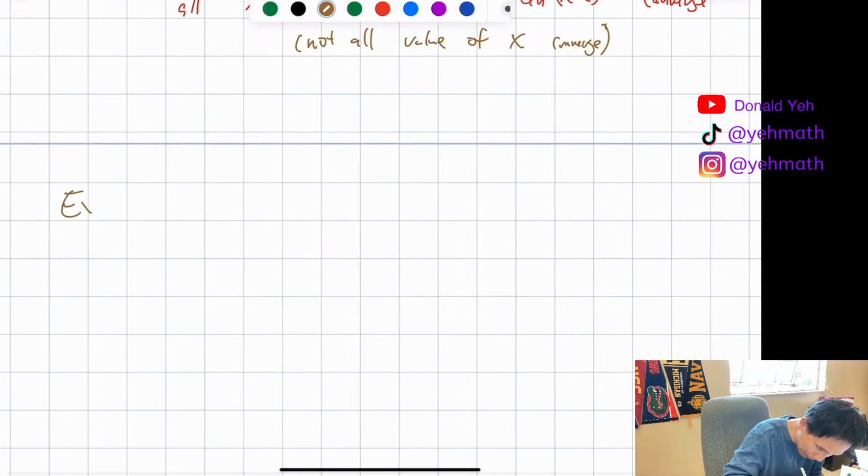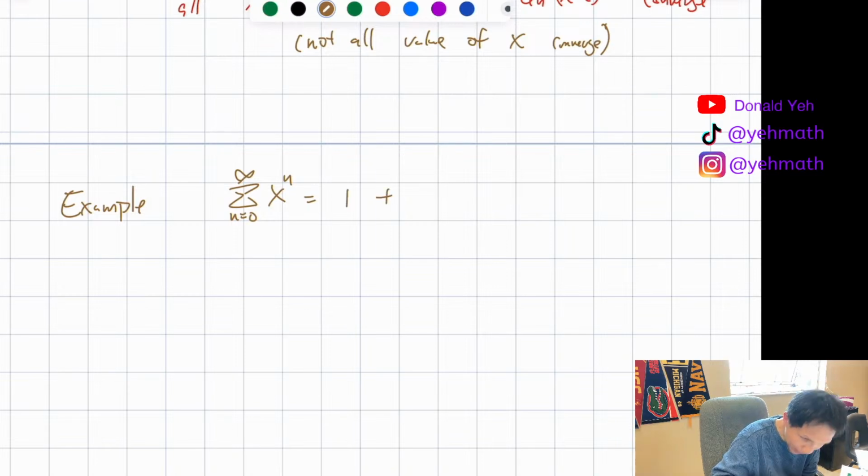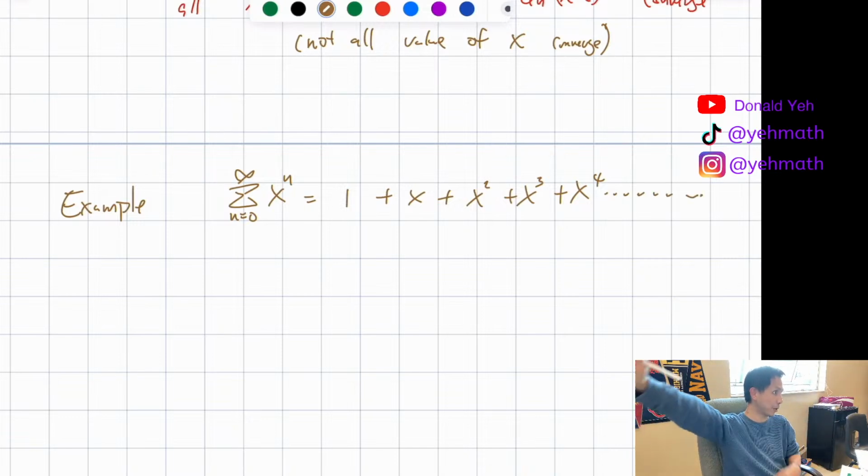So the first example, which is very, very interesting, is the summation n equal to 0 to infinity of x to the n. Can you write down the first 4 terms? Very easy. What is the first term? Plus the second term. Plus x squared plus x to the third plus x to the fourth, and keep on going to an infinite amount of terms.